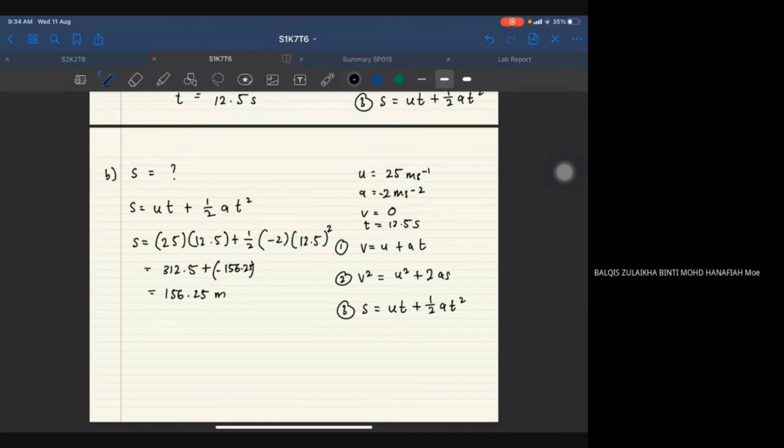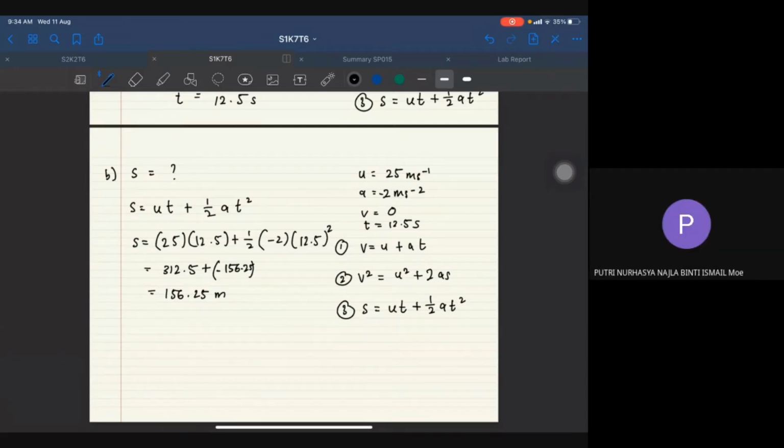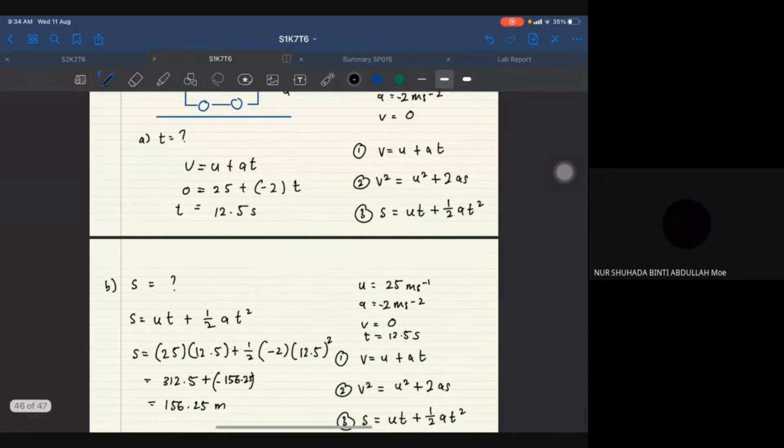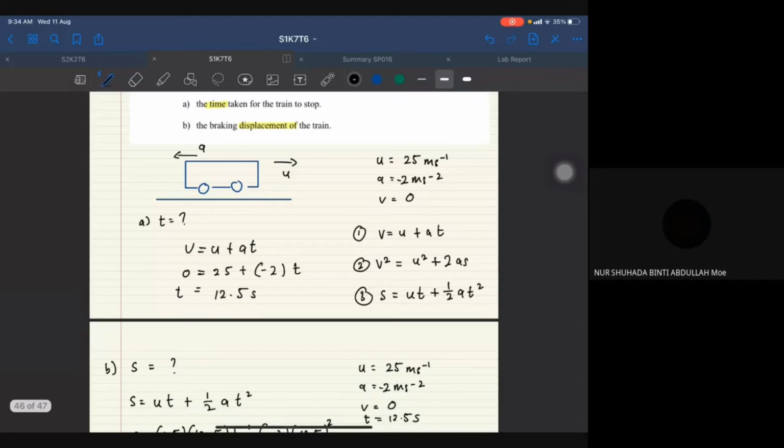Okay, did you get the same answer with me? Dapat ke? Dapat. So S positive tu maksudnya displacement dia ke mana? Ke kanan. So it makes sense. Okay, good. So based on your drawing, something like this lah.